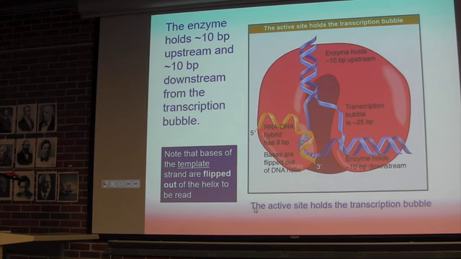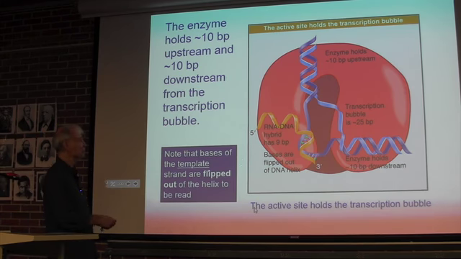And let's keep going here. You'll notice the sizes of the transcription bubble and the RNA-DNA hybrid are all approximately the same. It covers a space pretty small, from -10 to +10, so it makes a fairly small footprint. Note that bases of the template strand are flipped out.